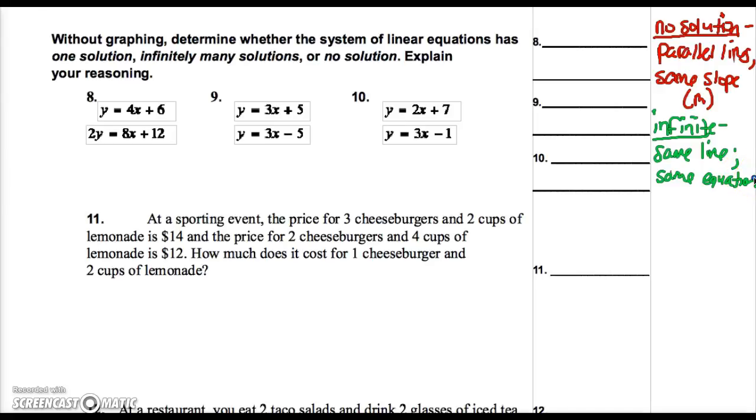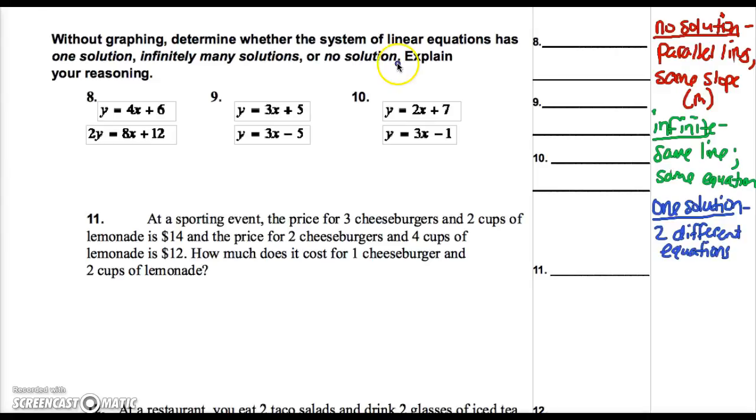The equations may look a little bit different, but if they're the exact same, then it's going to be infinite solutions. For it to have one solution, that's when you have two totally different equations. There's nothing in common with either one of them, totally different.